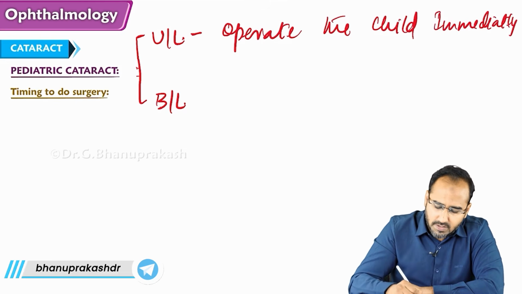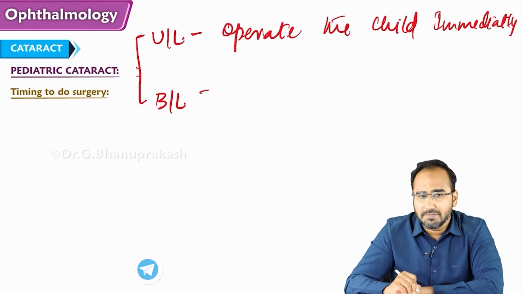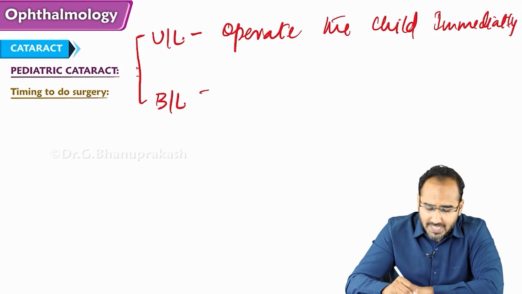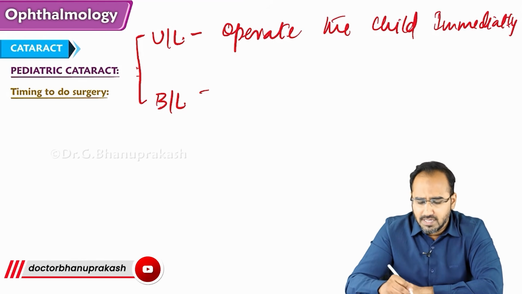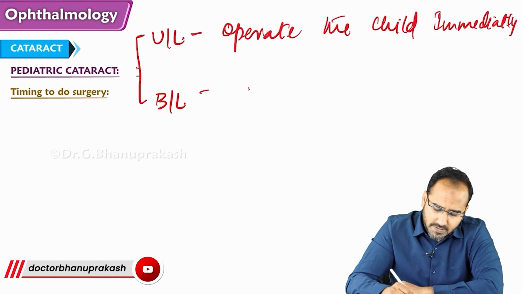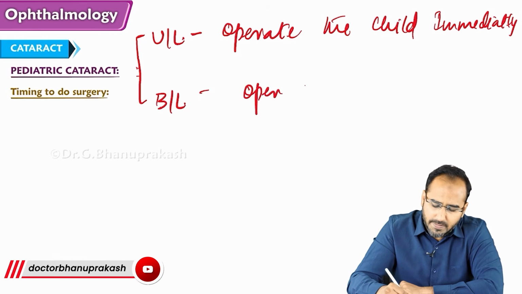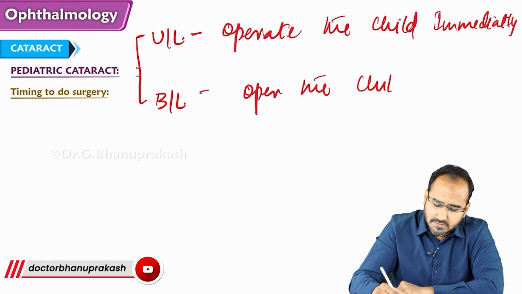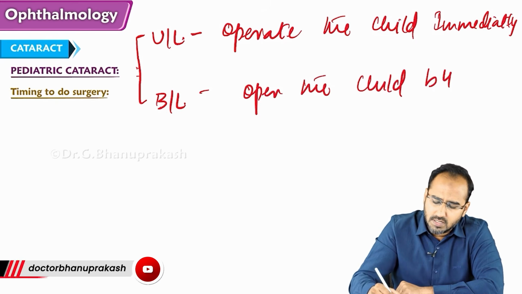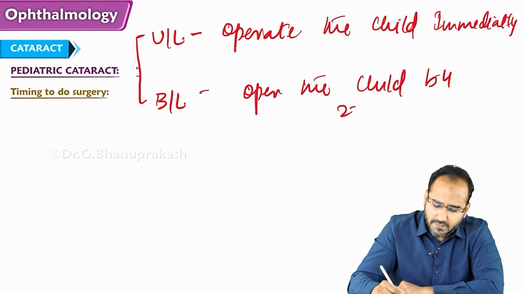If the child has bilateral cataract, you have 2 to 4 months. That means operate the child before 2 to 4 months of age.